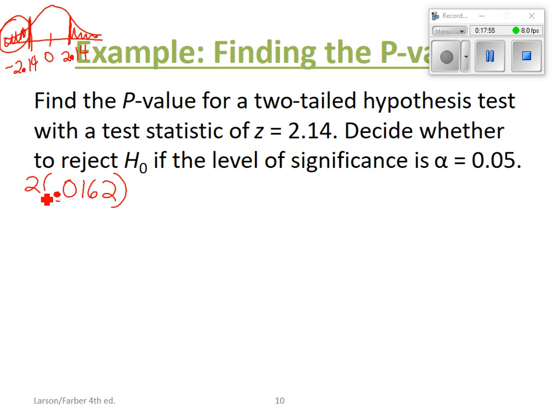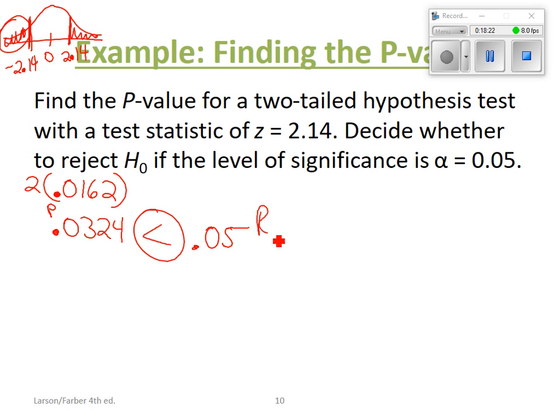So we got to take this times 2. Somebody do that for us on your calculator. 0.0324, I think. There you go. That's what it is. That's our p-value. Compare it to 0.05. This is less than, so what's that tell us?